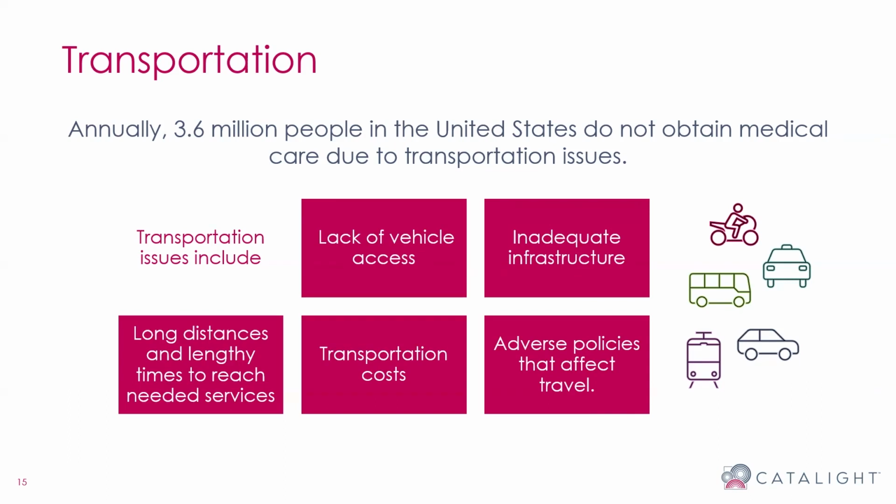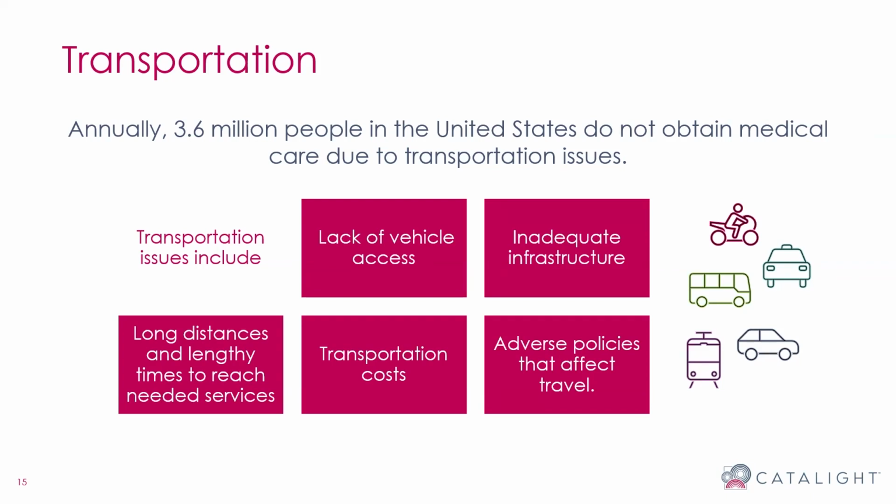So understanding, does a family lack access to a vehicle? Are they potentially sharing a vehicle and having to work around a shared schedule? It could be things like inadequate infrastructure. This impacts families who live in urban areas as well as rural. How are families able to access care and get to different facilities as needed? Long distances, lengthy time.